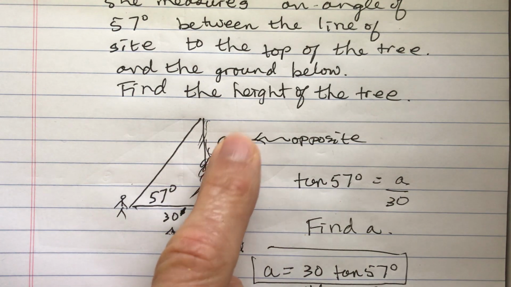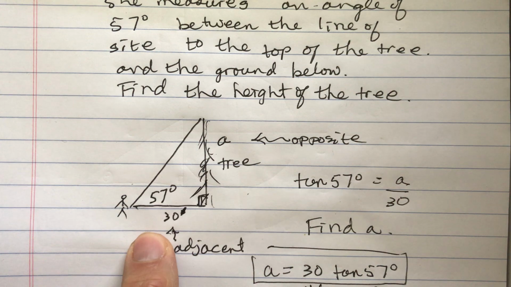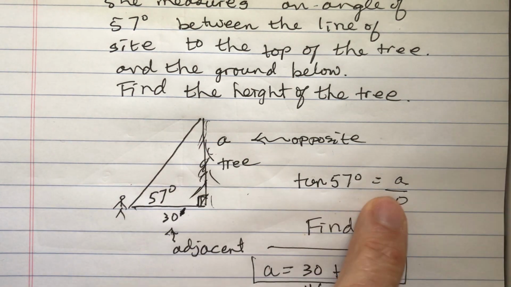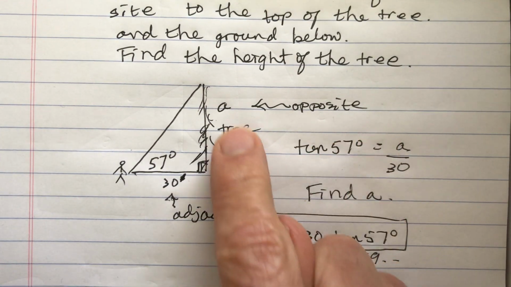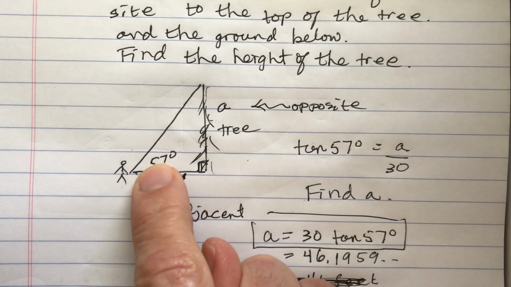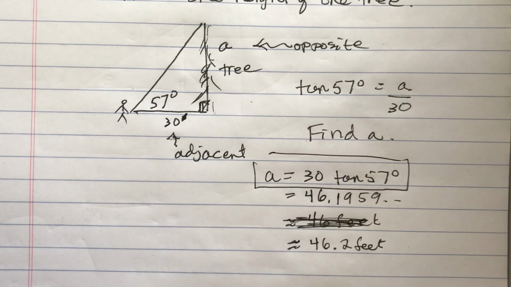Because I have opposite and adjacent, that gives tangent. So opposite over adjacent is A over 30, and that's the tangent of 57. Multiply both sides by 30, put it in the calculator, and make sure your calculator is set in degrees.